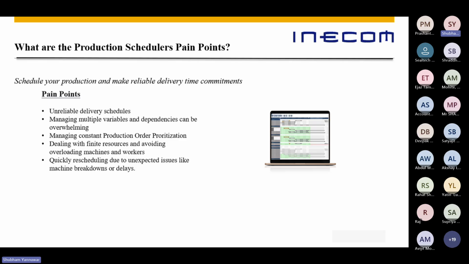Manufacturers usually face problems with managing multiple variables and dependencies in the production process, managing production order prioritization, which production order needs to be scheduled first and which later, and also dealing with resource utilization and allocation with respect to the finite capacity available for the machines and the manpower. And quick, automatic rescheduling is not available in a manual process, which the Netronics Schedule solution provides.